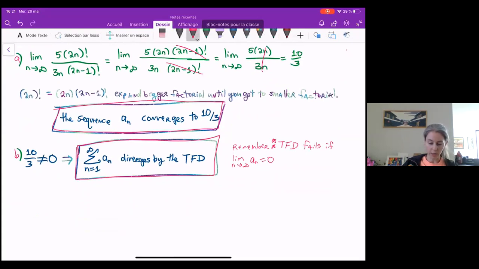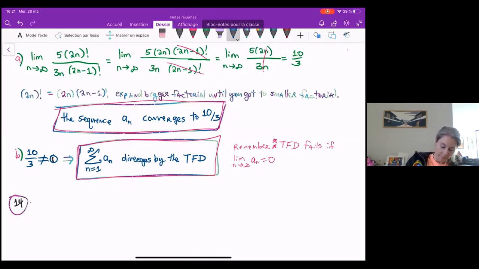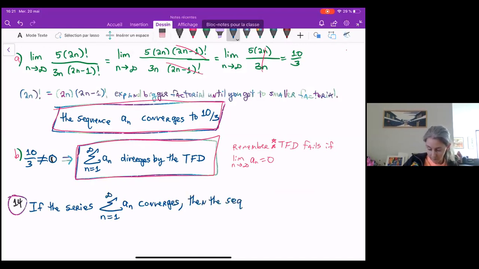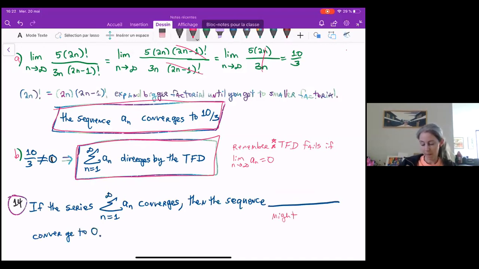So question 14 says, if the series from n equals 1 to infinity of a sub n converges, then the sequence, and we're going to fill this in with either might, cannot, or must.